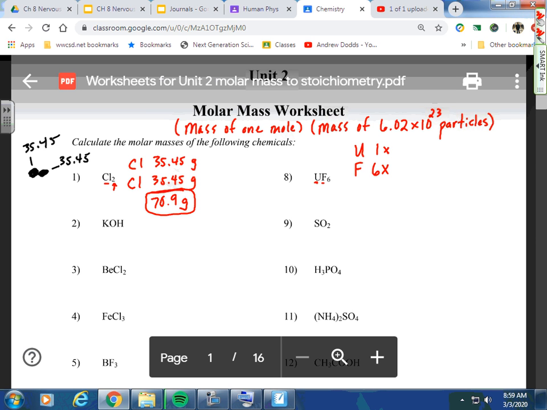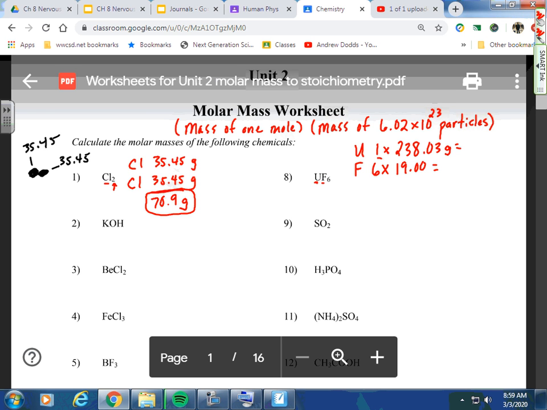All right, so U, number 92, it says the mass is 238.03. So I'll just write that in here. And since we're going to be talking about molar mass, I'm just going to make it grams right away. We know this is going to be in grams. All right, so fluorine then is number 9. We saw that yesterday, 19.00. All right, so now I'm going to go ahead and do the math because fluorine is going to be 6 times.